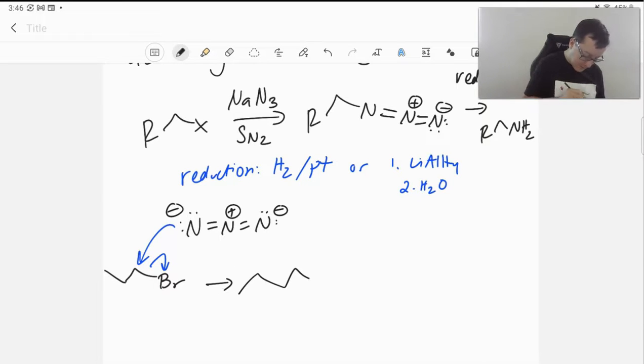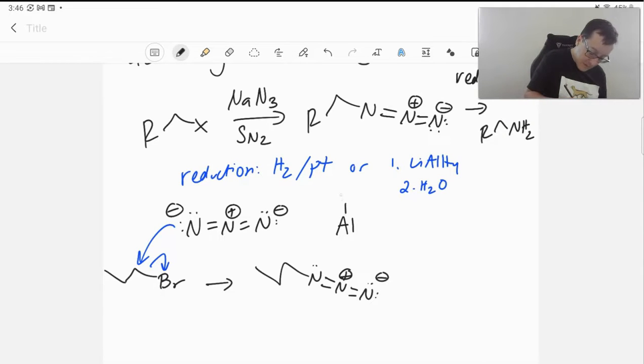Since this is SN2, we're looking also at inversion of stereochemistry. We'll end up with 1, 2, 3, 4, too many carbons here. We have our nitrogens everywhere. And if we now include our reducing agent, let's say we're using lithium aluminum hydride. So we're looking at hydride as our reduction source.